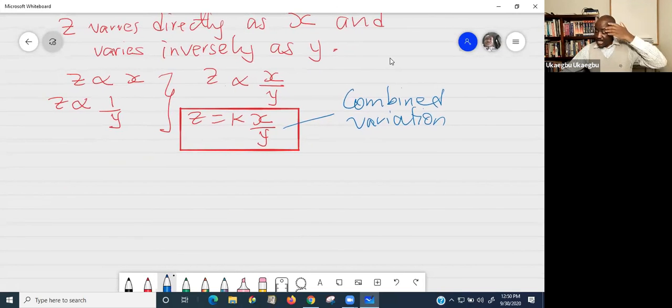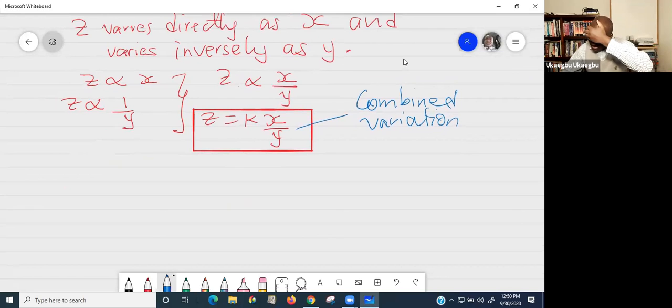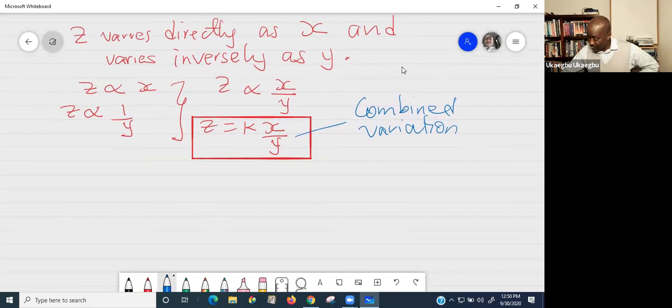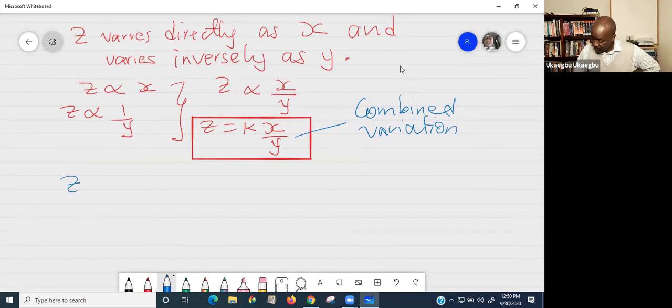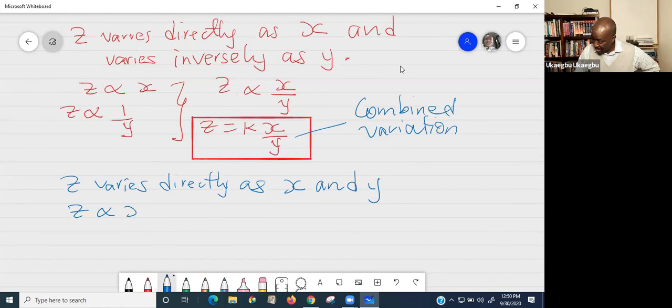Now, on the other hand, if I use the same set of variables and put my question this way, if z varies directly as x and y, that means z is proportional to x and also proportional to y, and that means z is equal to kxy.